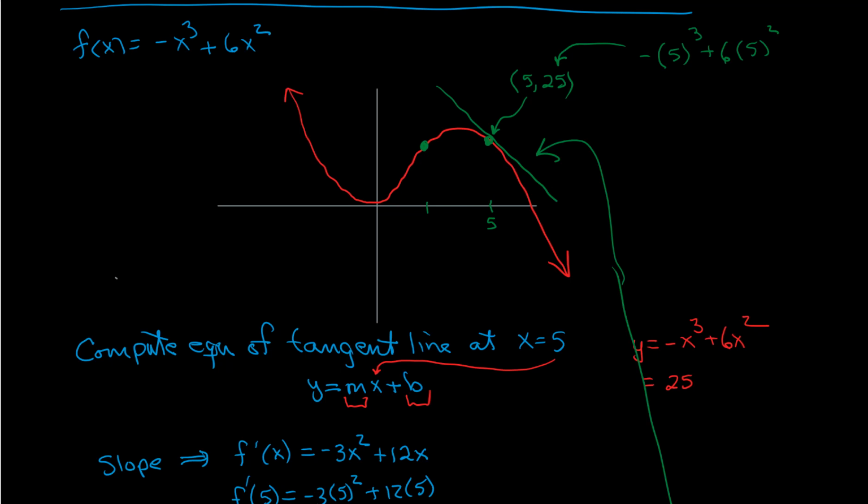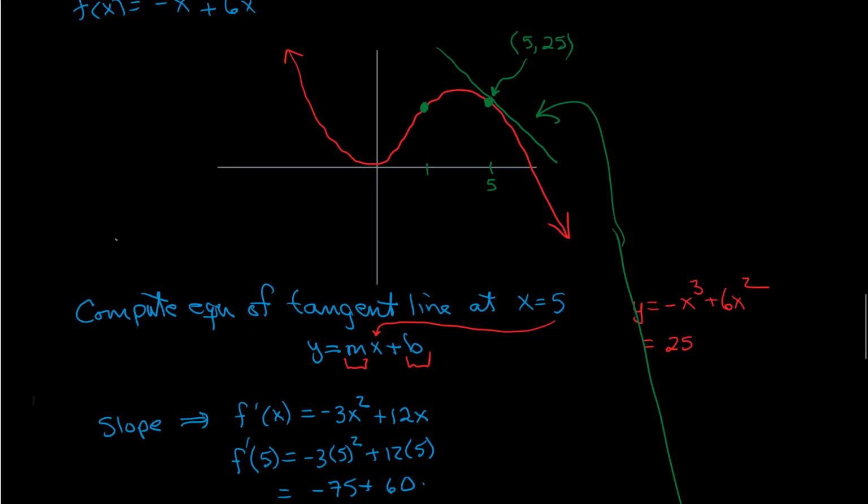When you work that out, we're going to have a negative 125 plus, that looks like 150. That gives us a y value there of 25. Aha! So the x value is 5 and the y value is 25. So that's where the 25 comes from. We're going to need that in a minute. Okay? We have an x value, we have a y value at the point we're interested in.